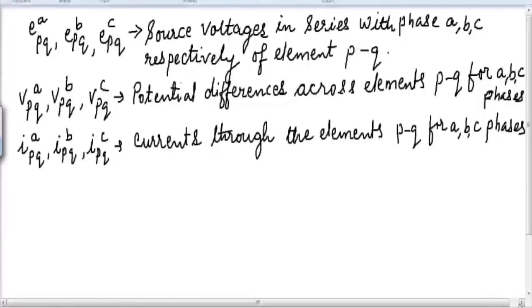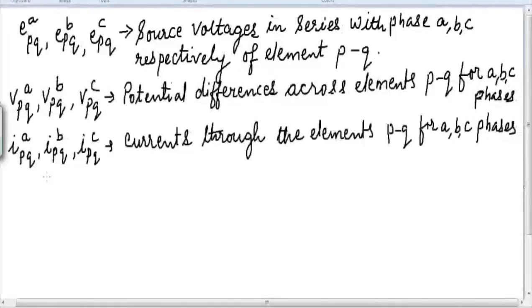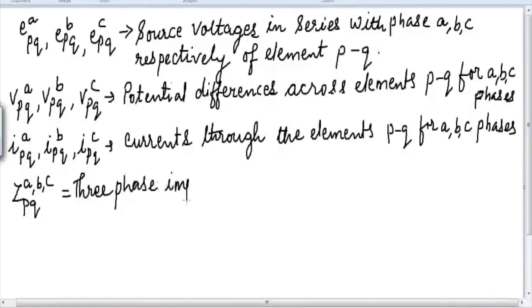Then let us see here what is Z. We have in the center written a block, that is Z_PQABC. Right? So what is this? Let us write this. This is three-phase impedance matrix, which you have written in the right side.